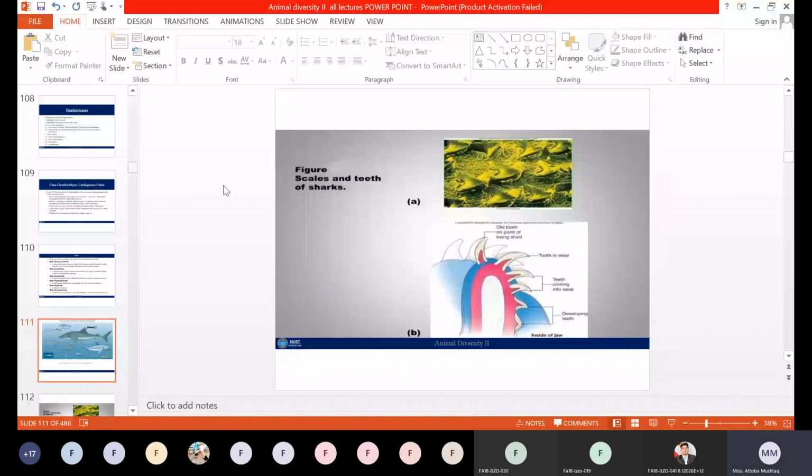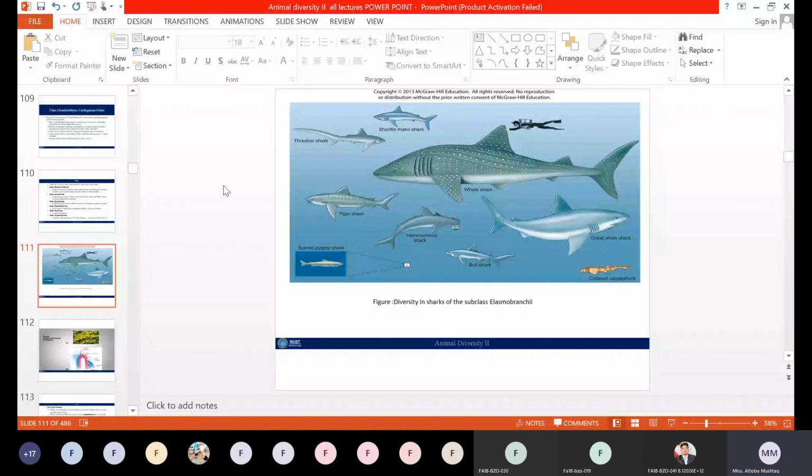So if we talk about the evolution of sharks, sharks basically arose from early jawed fishes in the Devonian period, that was about 375 million years ago. Right? There are certain features of bony fishes that are absent in elasmobranchs.